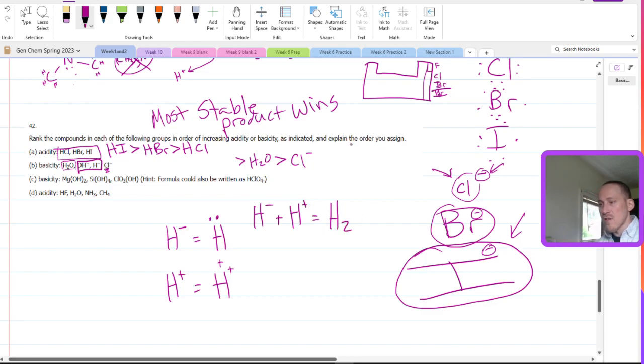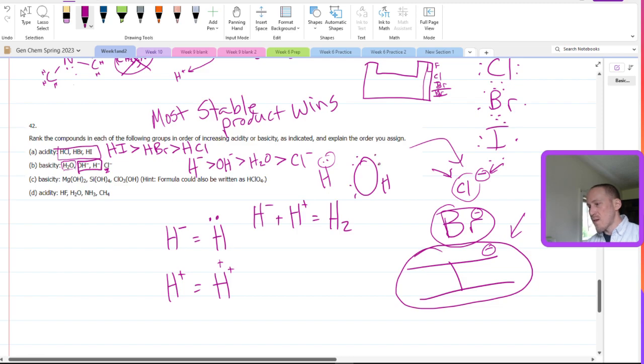Very stable. Nature loves it. So I'm going to say that the hydride is probably the most basic, even more so than hydroxide, because hydroxide is somewhat stabilized. Think about the difference between an oxygen and a hydrogen versus just a hydrogen. This hydrogen cannot handle that lone pair. This oxygen is fine with these lone pairs. So that's what I'm going to put for B.